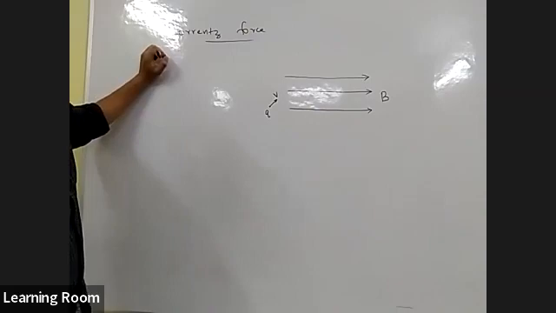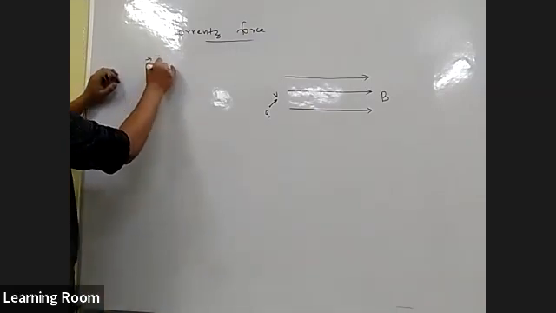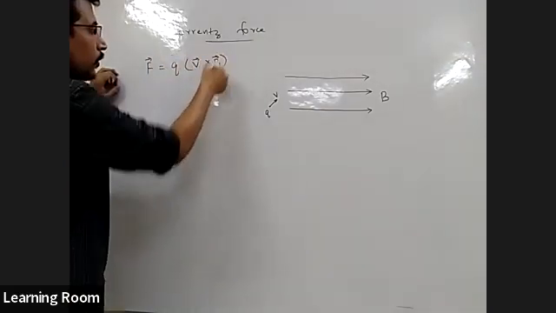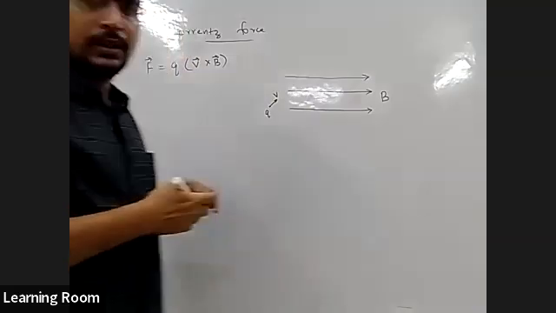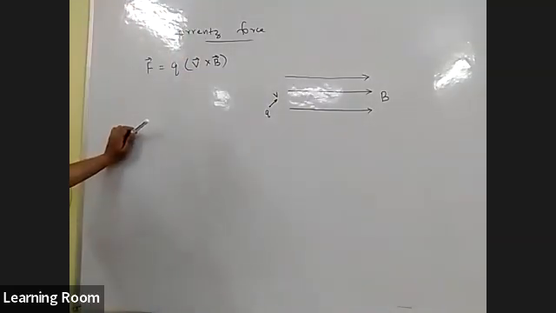It starts experiencing how much value? Q into v vector cross B vector. So F vector is equal to Q into v vector cross B vector.